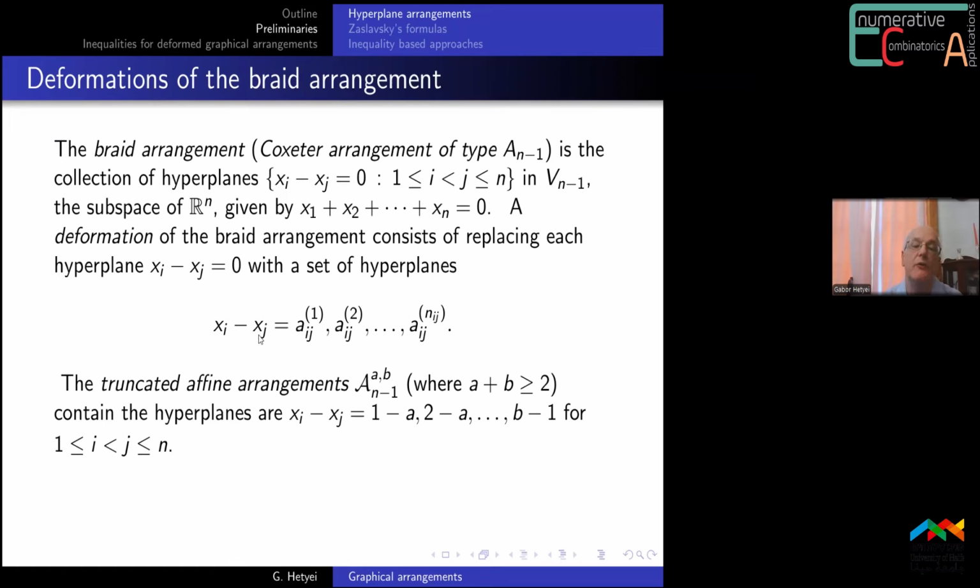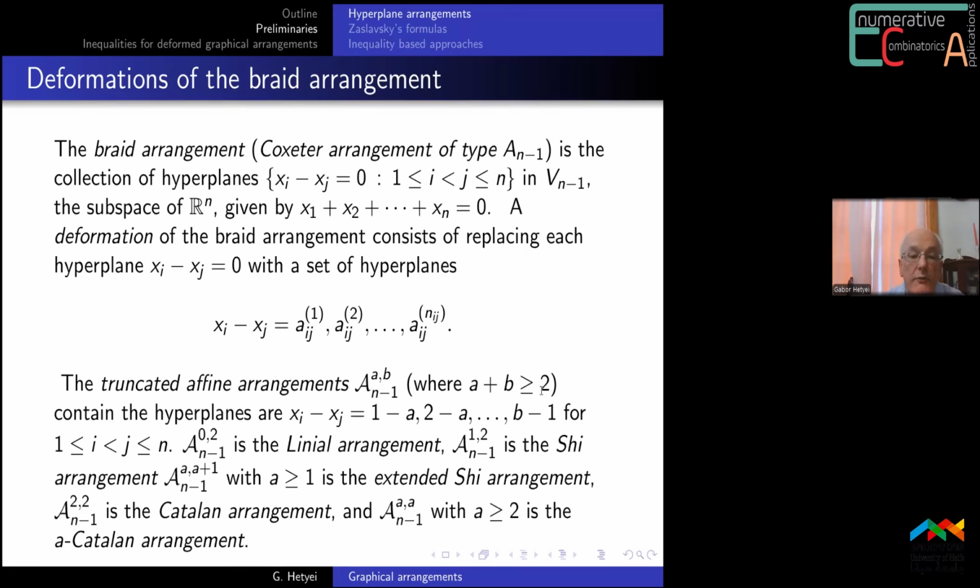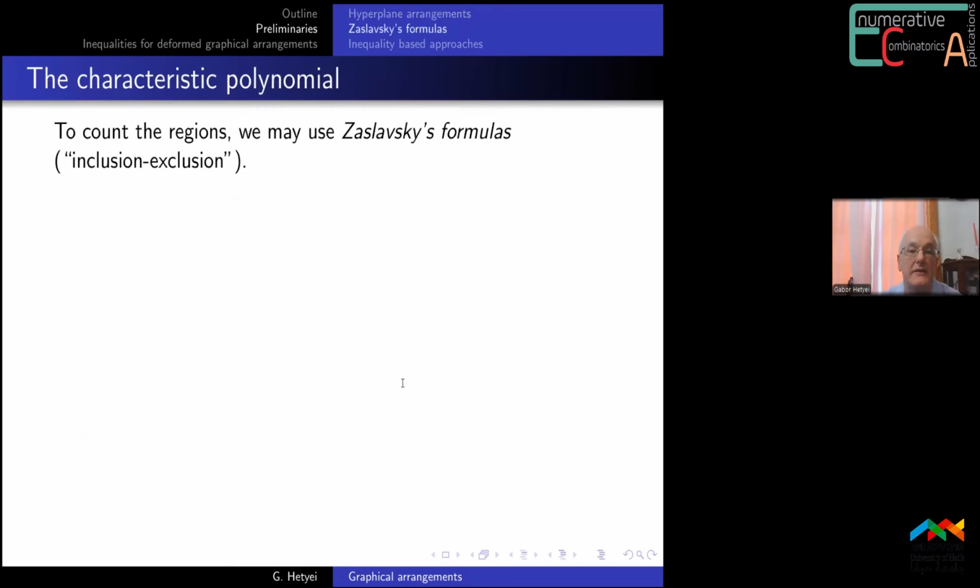In these cases, of course, you can associate a graph to such arrangements, where you can think of the xi, xj as vertices and then these constants as labels. The rest of this slide is the language of Postnikov and Stanley, the truncated affine arrangements where xi minus xj goes from negative a minus 1 to positive b minus 1. Special instances are linear arrangements, shear arrangements, and so on. These will come up later, and if they don't, it doesn't matter.